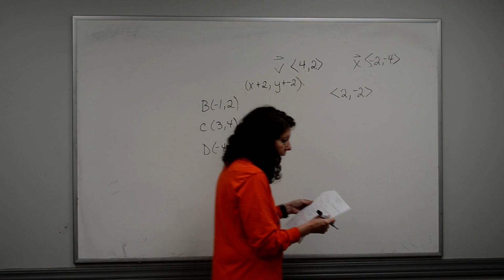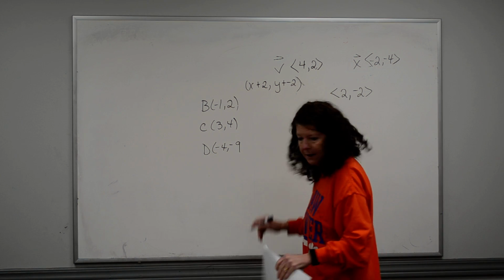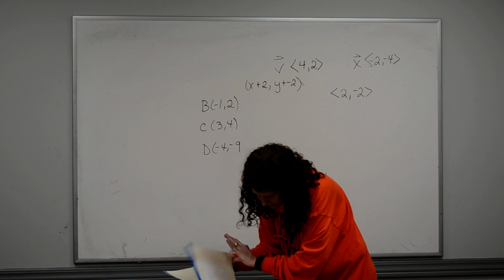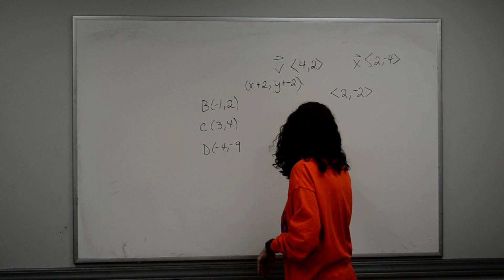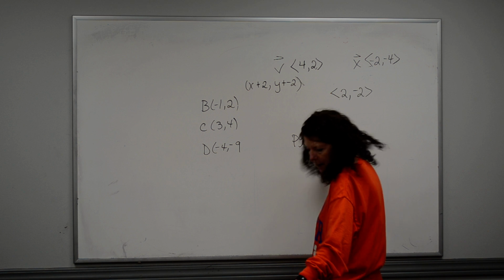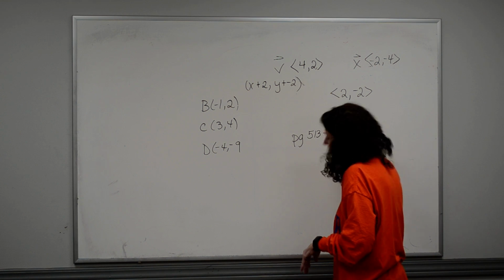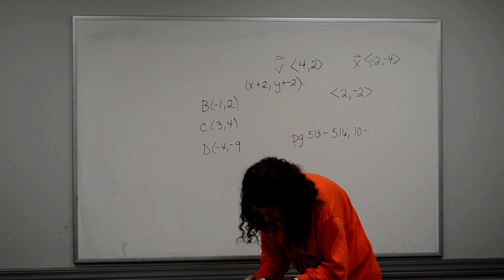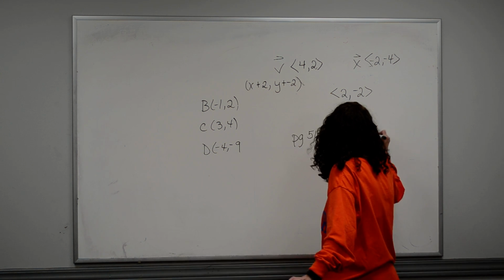So what I want you to do is, for homework, which you're going to have all the stuff in your packet to check this, I want you to do page 513 through page 516, and I want you to do 10 through 46 even.